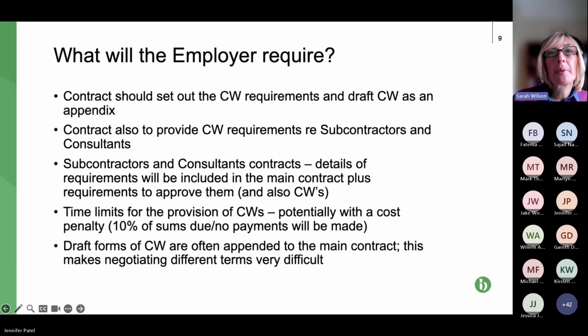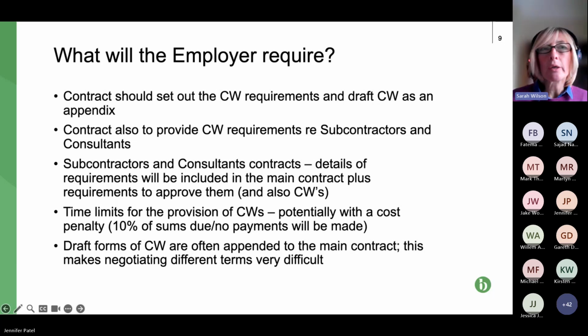The penultimate bullet point talks about what happens if the collateral warranties aren't provided on time. So that includes not provided at all. And that's often very much up for negotiation, but you need to be aware of what the contract says initially, because quite often it will say that the contractor doesn't get paid any sums that might be due until its collateral warranties have been provided, that they are up to date in terms of being provided.